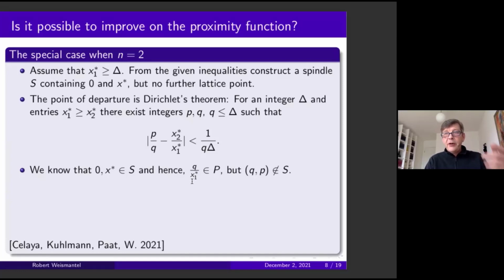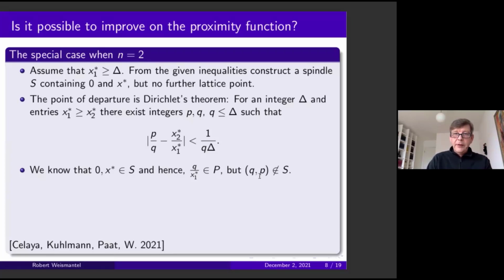That makes sense because x1 star is greater or equal to delta, and q is an integer which is at most delta, so this is a coefficient which is at most 1. So this point is in the polyhedron. But remember, we assumed the only integer point in this spindle is 0. So the point q p, which is different from 0, will not be in the spindle.